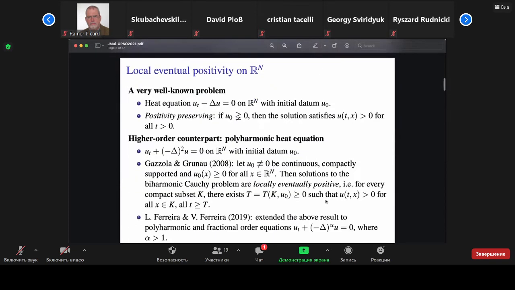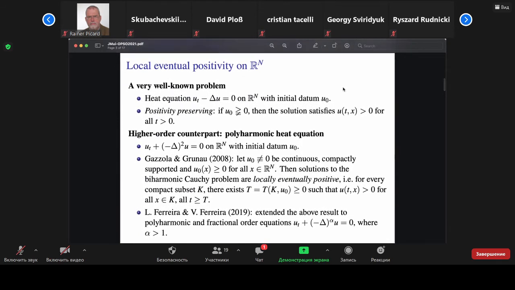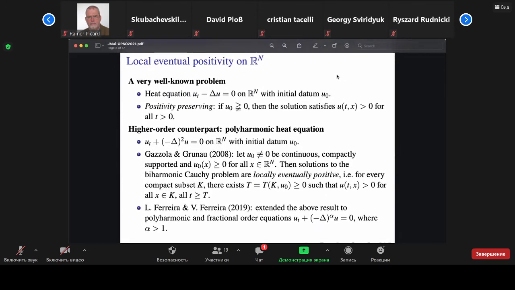So let's begin with some very well-known concepts. It hardly needs to be said of the important role of the classical heat equation. And here we consider the Cauchy problem. So we have initial datum u0. And it's a very well-known property that it preserves positivity.